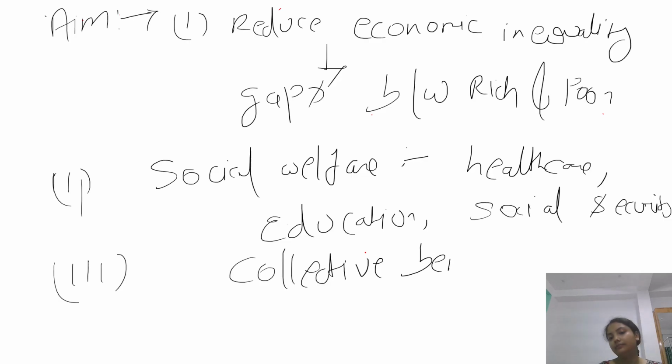Collective benefit of society rather than the benefit of a few persons. And regulating the key sectors: the public sector should be regulated by the public, by the government or by the communities.